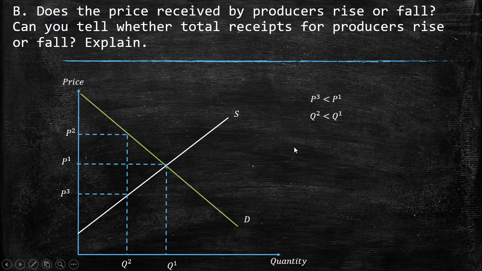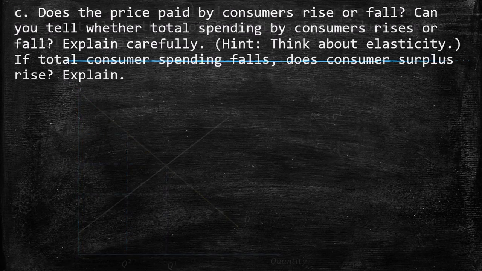Okay, so we know that Q2 is lower as well than Q1. So this is all to say that producers will now receive P3 times Q2, which is going to be much less than P1 Q1. So the price will decrease and the total revenue for producers is going to decrease as well.